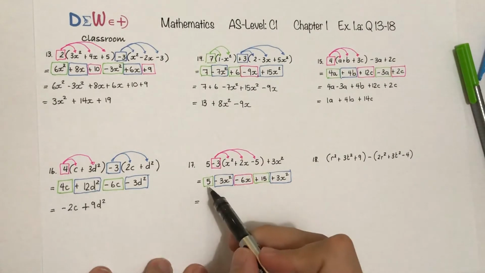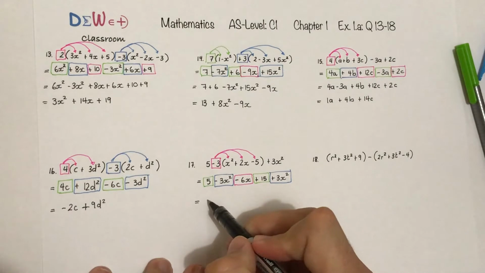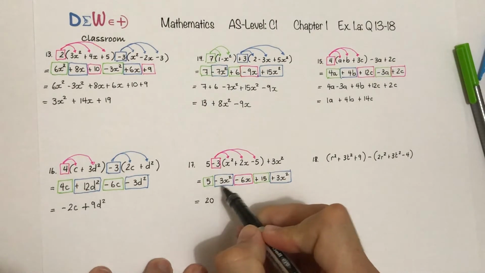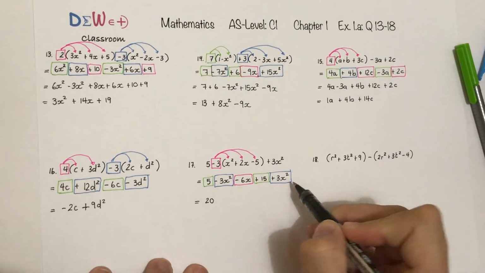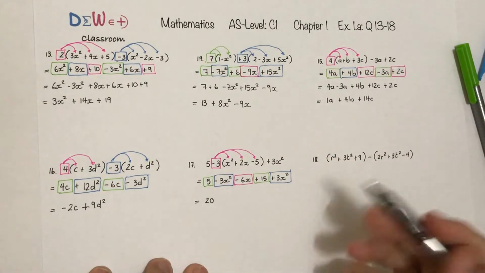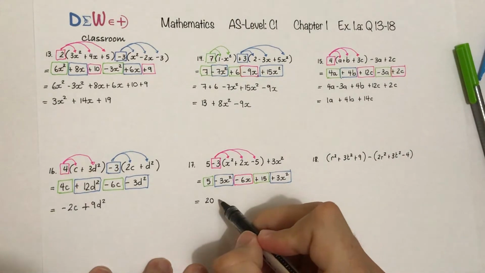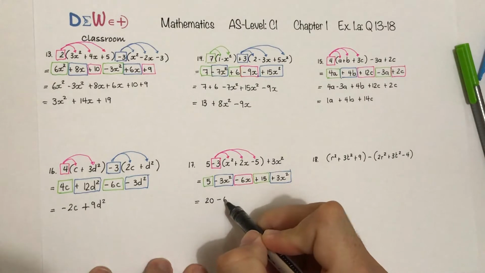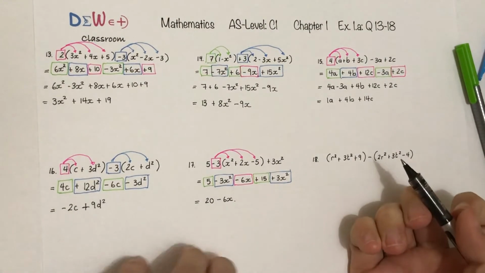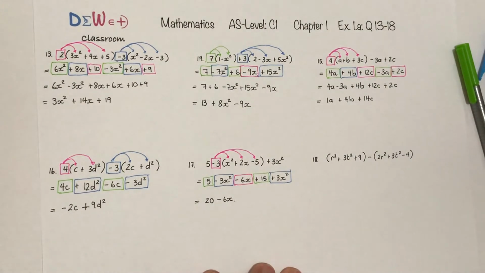We find our solution. 5 plus 15, that will give us 20, minus 3x squared plus 3x squared, that is 0. They basically cancel each other out, and we are left with the pink one, minus 6x. A very nice solution there. We move over to question number 18, the last of our questions.